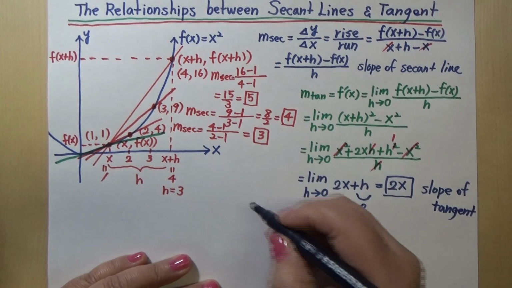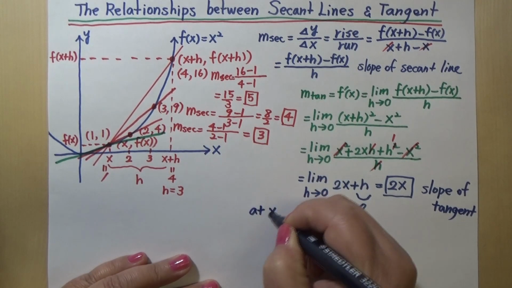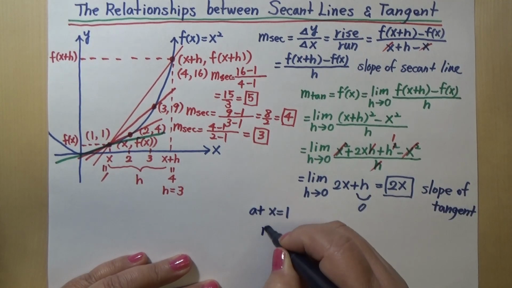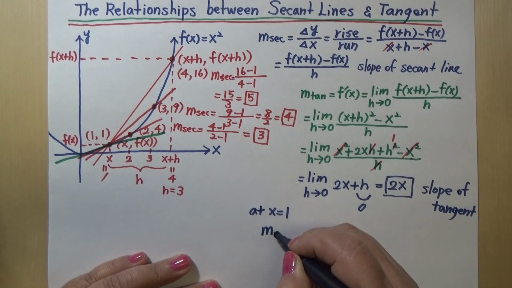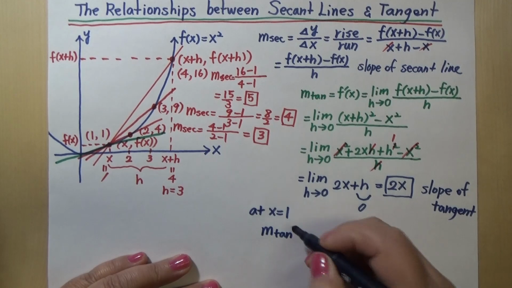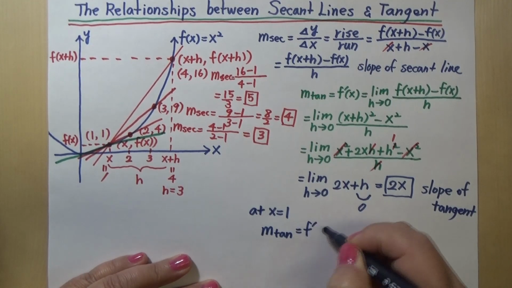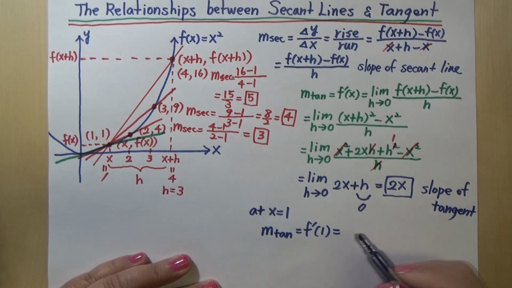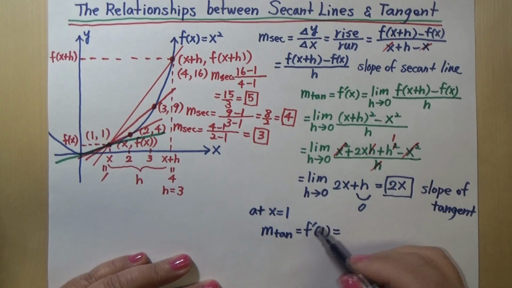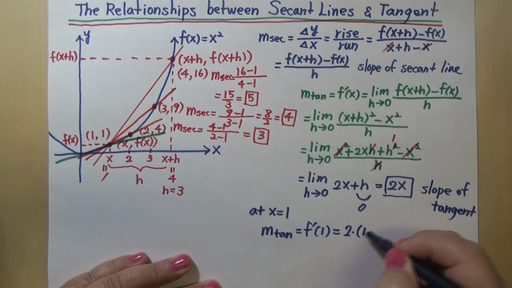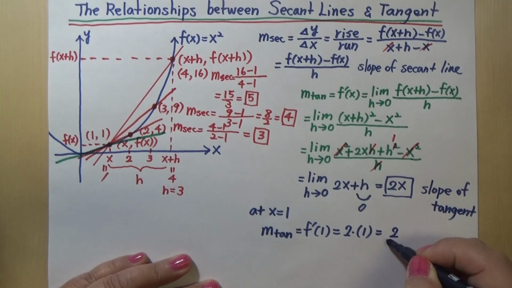So at x equal to 1, the actual number for the slope of the tangent is the derivative f prime of 1, which is 2 times 1, since the derivative is 2x. 2 times 1 is 2.